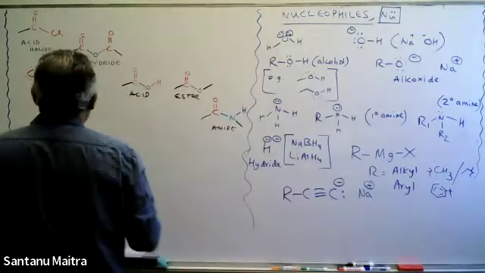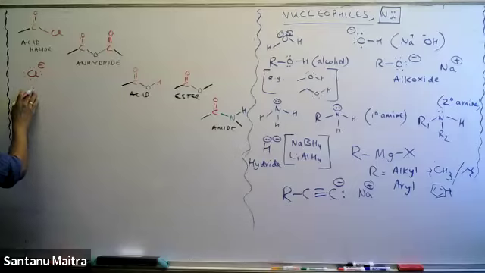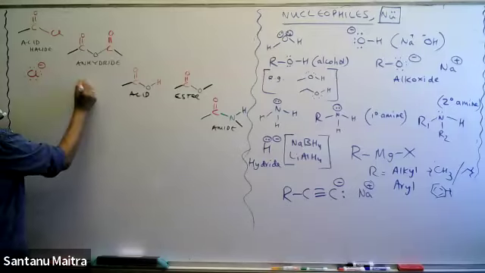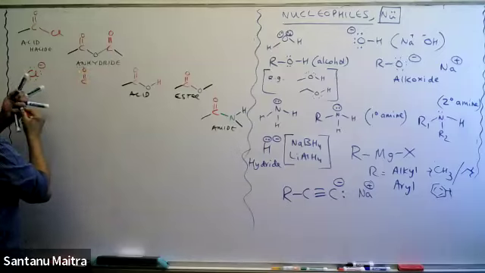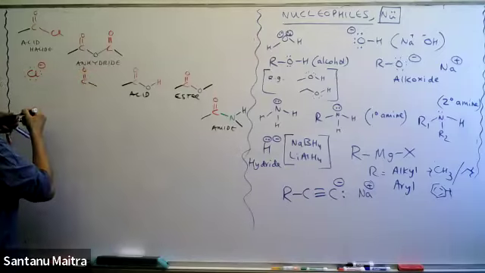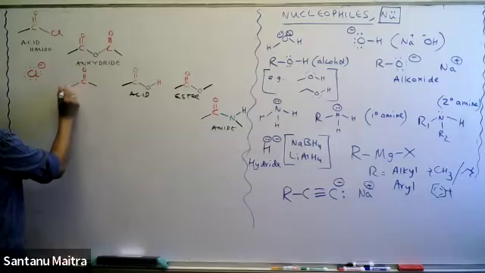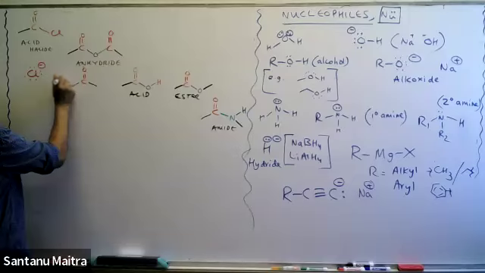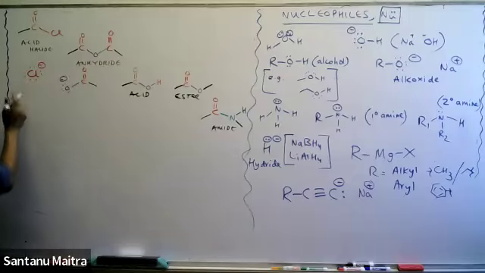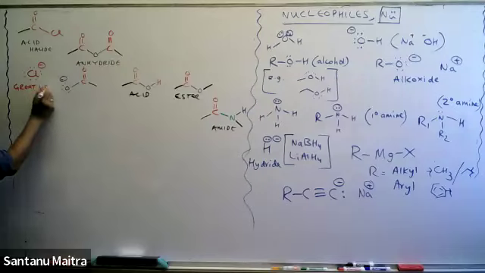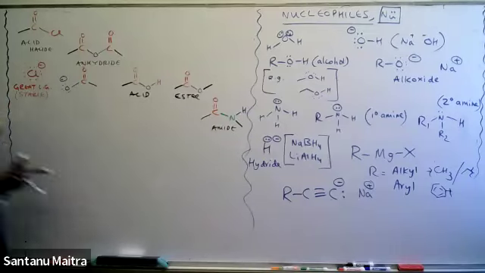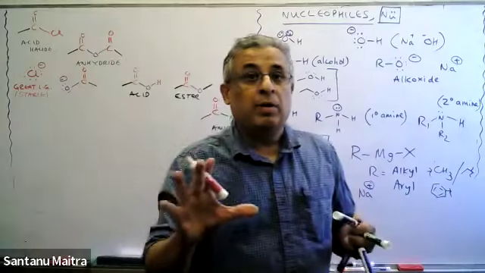Cl minus is going to be the leaving group here. The leaving group here is going to be this. It's a weird leaving group. This is very stable. Leaving group wise, great. This guy is very stable. Stable means great leaving group.